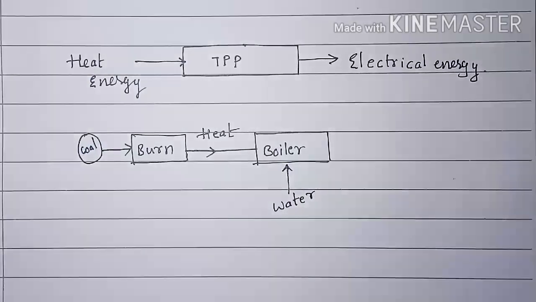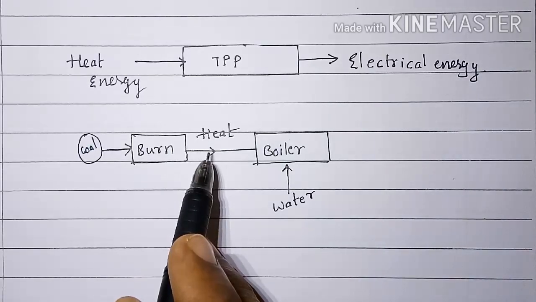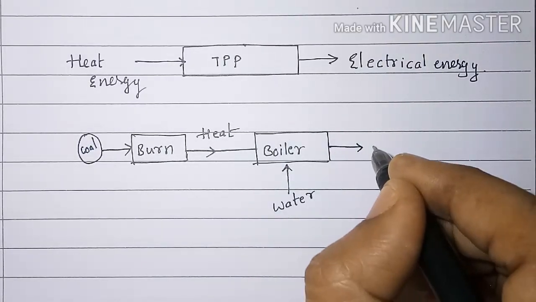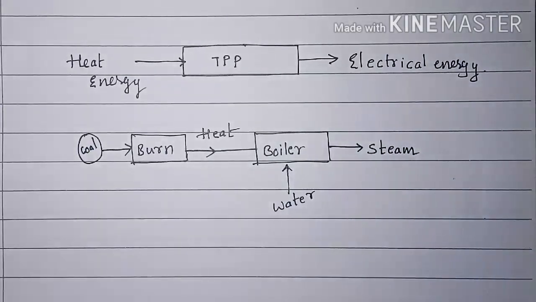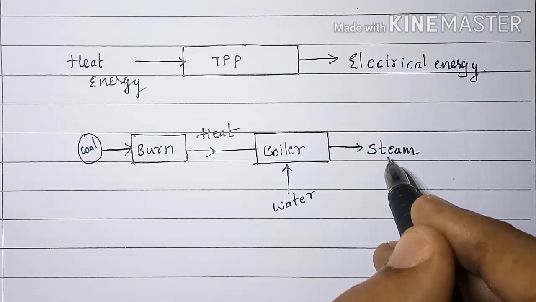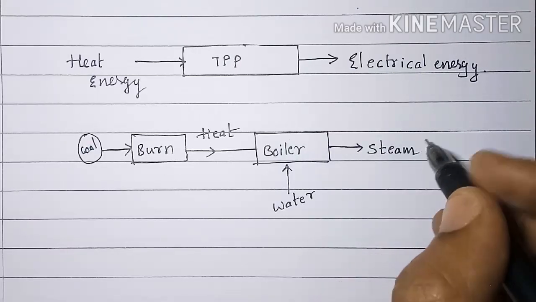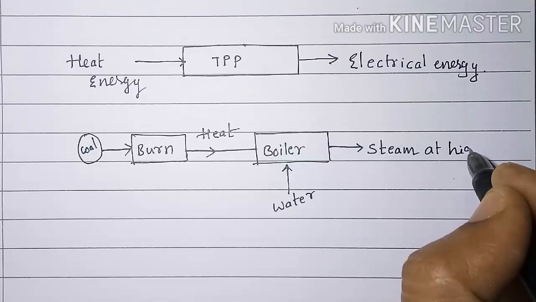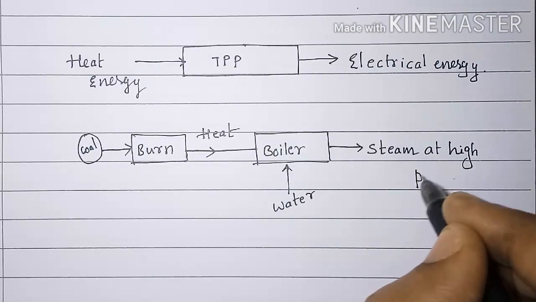Water is supplied to the boiler, and this water, taking the heat, becomes steam, and this steam will be coming at very high pressure. Steam at high pressure.